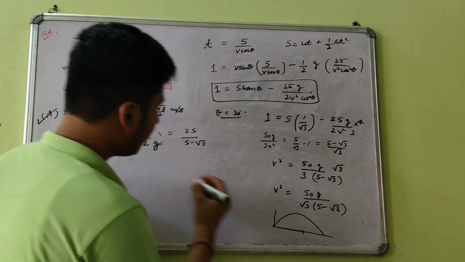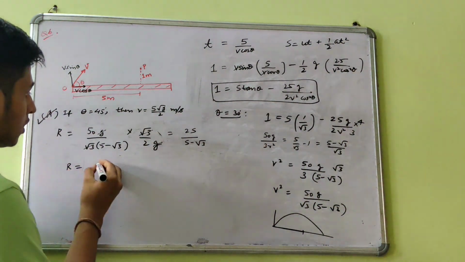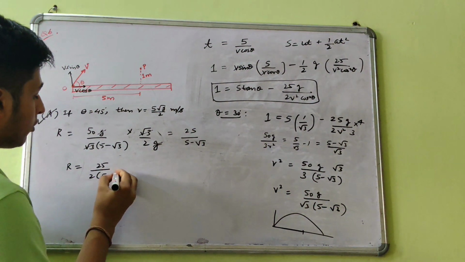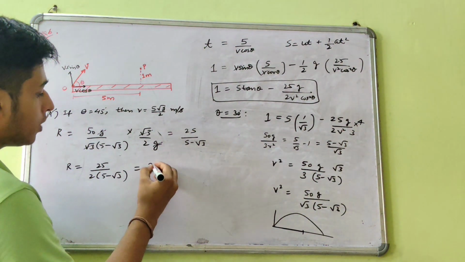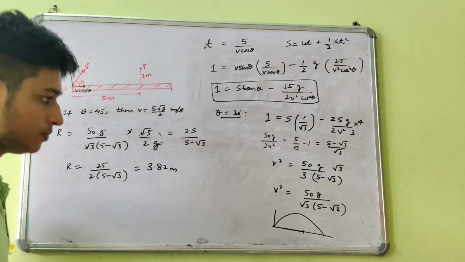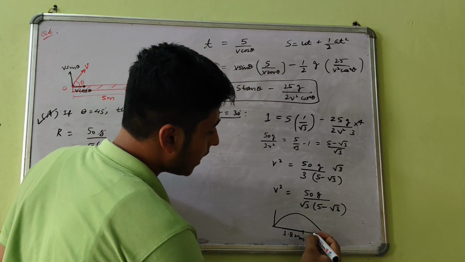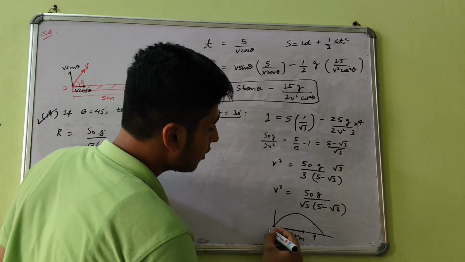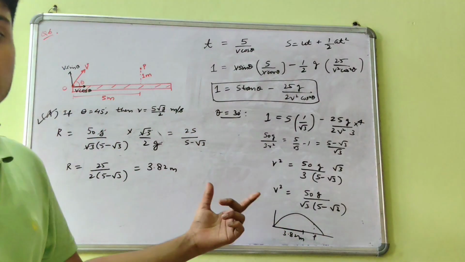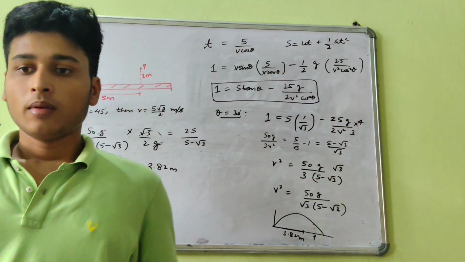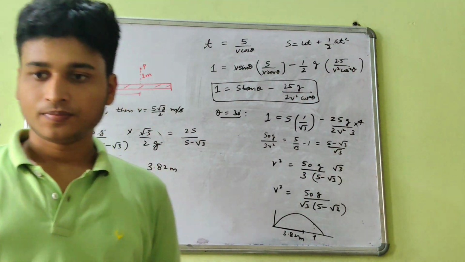Half range again will be half of it, 25 by 2, 5 minus root 3. This will come out to around 3.82 meter. Means this distance is 3.82 meter and the point P is again at a distance of 5 meter. So it is again the similar scenario. So this option is incorrect.